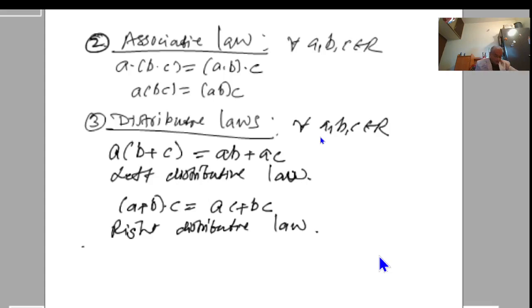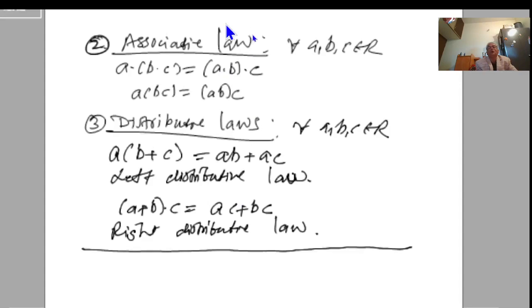Now, in a ring with respect to multiplication, the definition does not include the identity element with respect to multiplication.